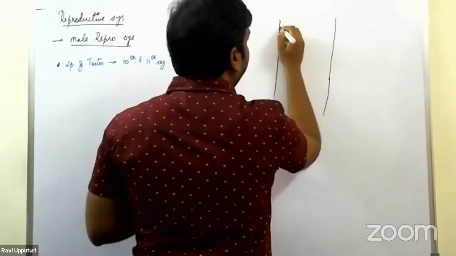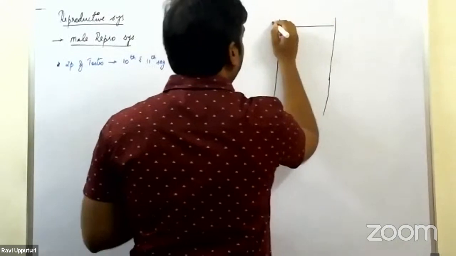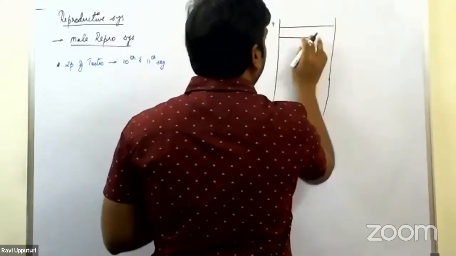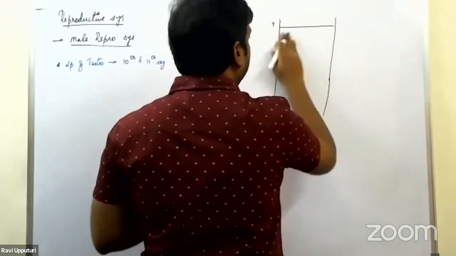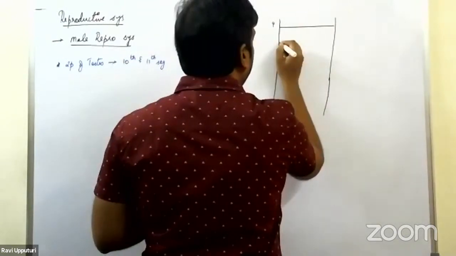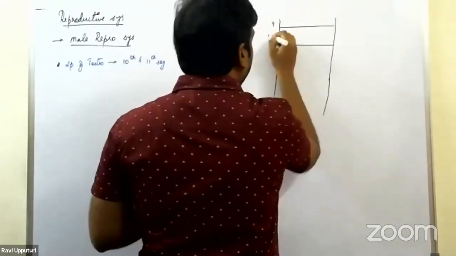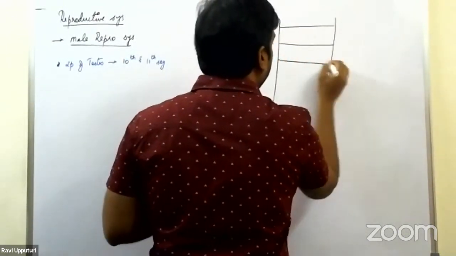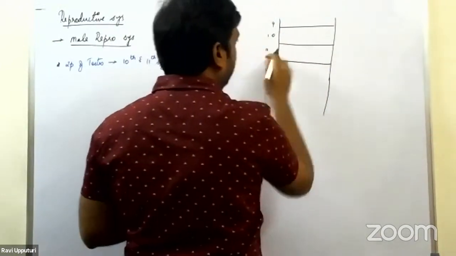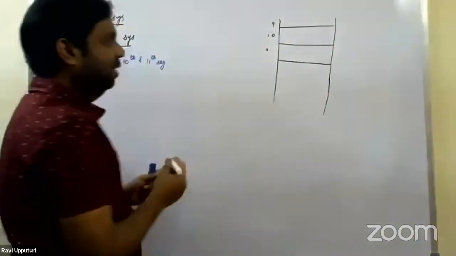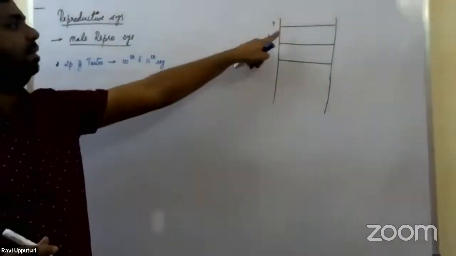Let us consider this to be the 9th segment, and here we have the 10th segment, the 11th segment, and so on. Later on we'll take up the other segments. So the 10th and the 11th segment.